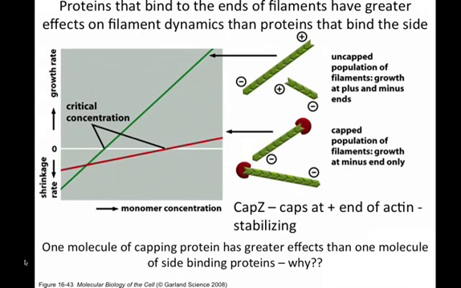Yes? I have a quick question. Just for the plus end, is that... No, you just add your plus and minus ends of your actin polymer, of your actin filament. Yeah. So is it only at the plus end? Well, CAPZ caps at the plus end.